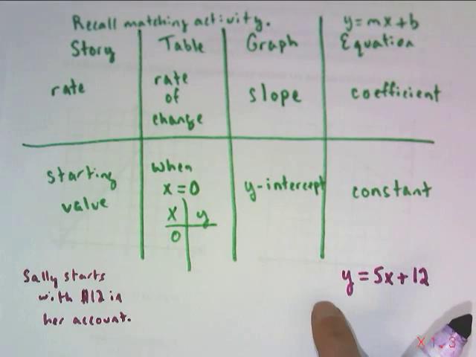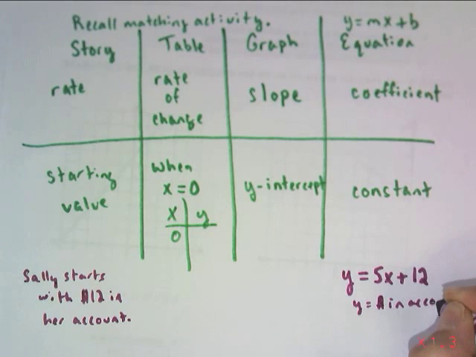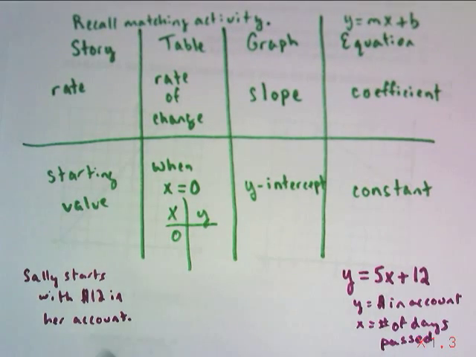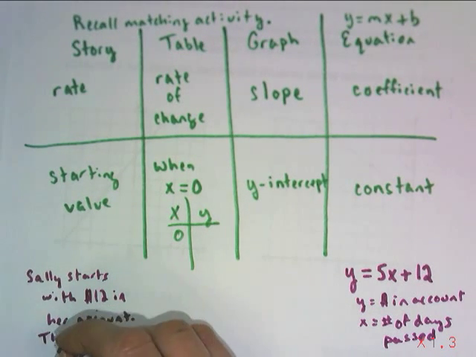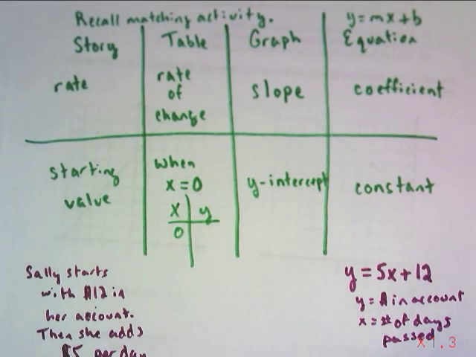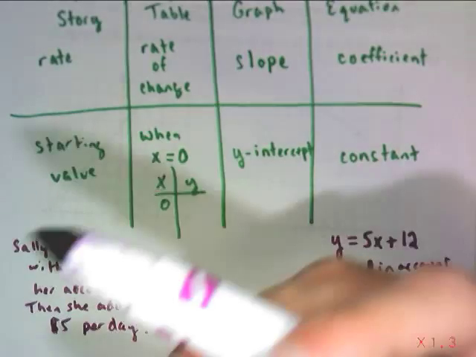So I've defined y to be money in account. And then what is that based on? I mean, let's say x is number of days passed. So maybe she's doing some tutoring after school and she's getting paid $5 a day. So if Sally starts with $12 in her account, then she adds $5 per day. And in general, if I've defined x to be the number of days passed and y to be the money in her account, we can ask a very general question.